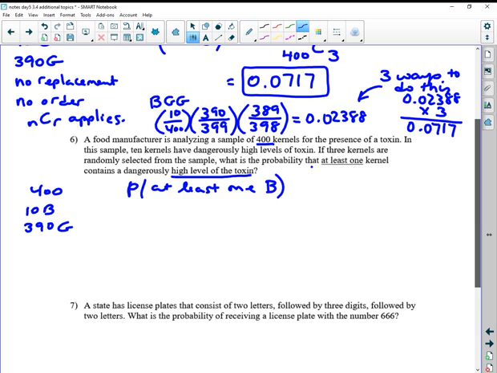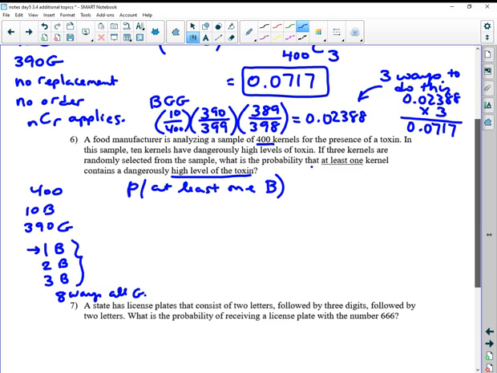And again, with 3 kernels being taken. We could have 1 bad, we could have 2 bad, we could have all 3 bad. There would be multiple ways to do all these things. We're going to end up with 8 ways in all, but there's one way to be all good.